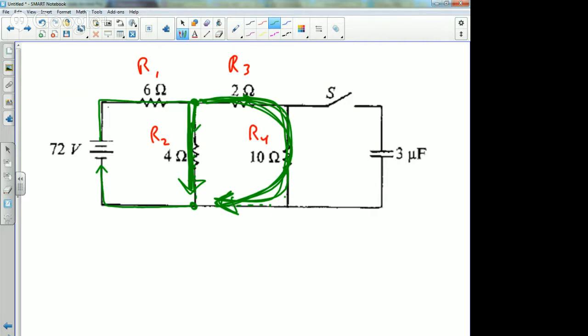If it's in series by itself, the current won't split. Is R2 only in parallel with R4? No, because it did split, and parallel means that you have two separate branches, but this current went through how many resistors? Two. So R2 is not in parallel with R4, it's in parallel with 3 and 4.